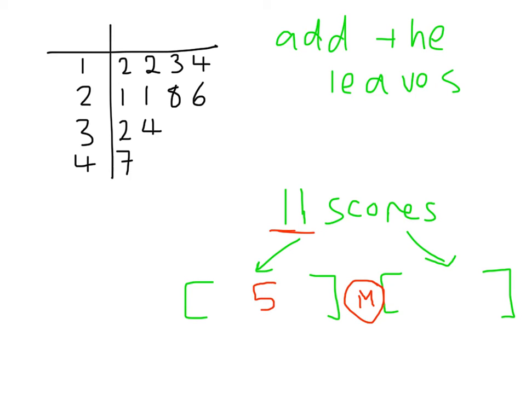So 5 are going to be in the lower, and 5 are going to be in the upper. So let's do this. If I count my way, I've got 1, 2, 3, 4, 5 in the lower. And if I go from the other side, just to double check, 1, 2, 3, 4, 5 in the upper. And this one here happens to be my median.